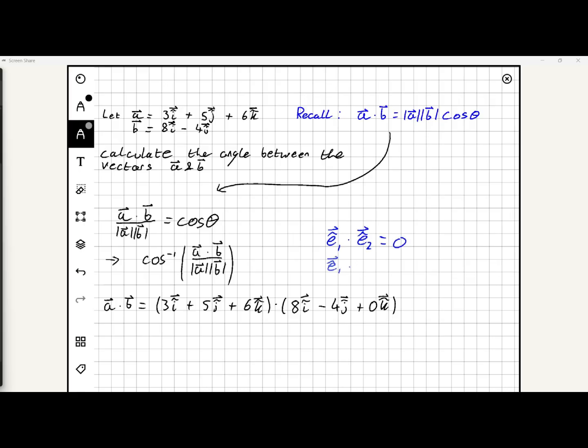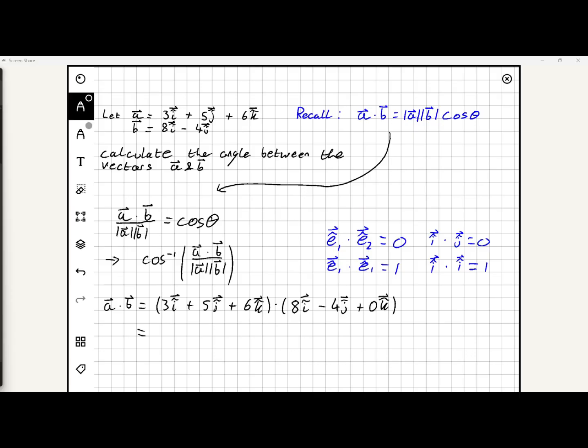The same principle applies here, where i dotted with i now equals 1, and i dotted with j equals 0. So again, we're just looking for the pairs when we're doing the dot product.